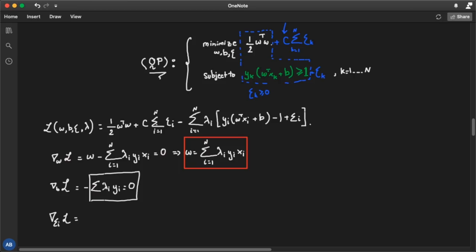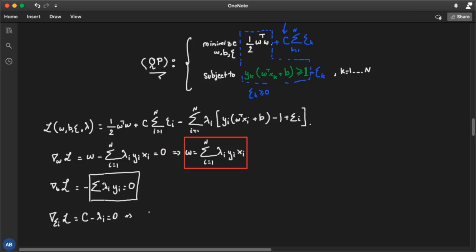Over here we've got a C sum on psi. That gives a C. Then over here, the only term depending on psi is lambda i psi. That gives minus lambda i, that's 0.